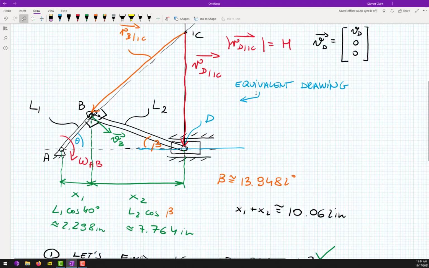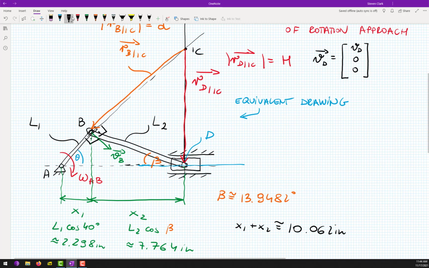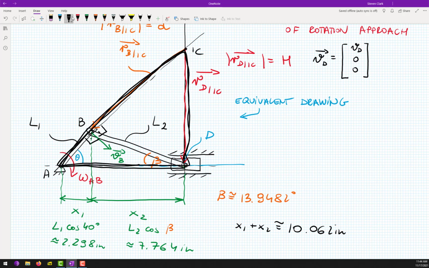Okay, so now we're done with that. Now based on this big black triangle, tangent of theta is equal to h divided by x1 plus x2.